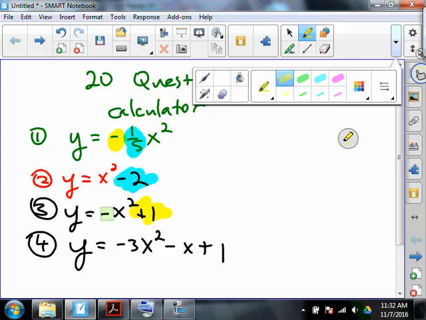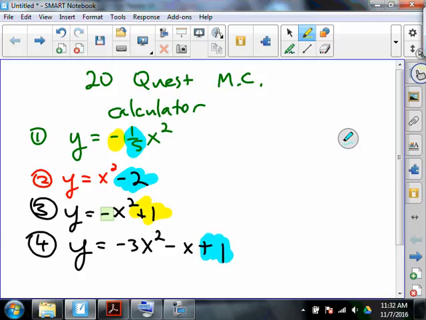One thing I will say is if you look at the y-intercept, that should be enough to get the answer. Crazy. It's unbelievable.